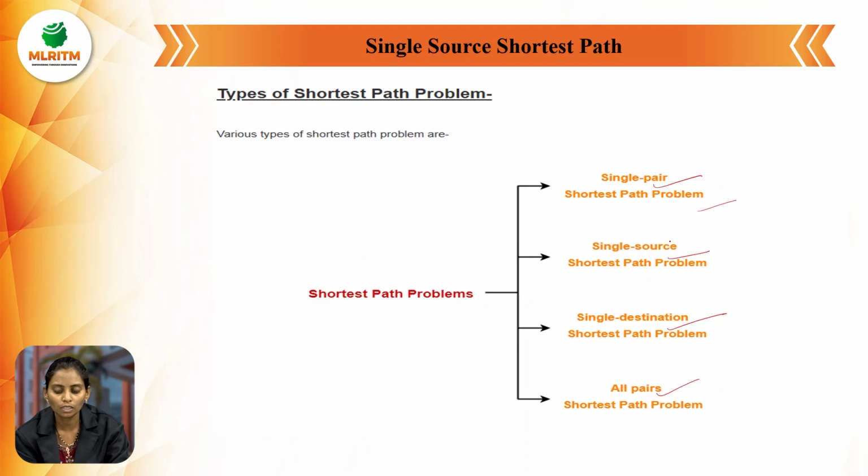Single source means we treat only one node as the major source node and all the remaining are destination nodes, where we want to reach. All pairs means each and every vertex is treated as a source and each and every vertex as a destination.